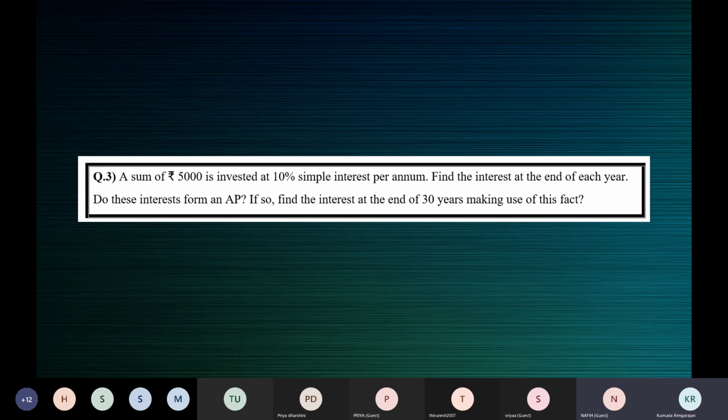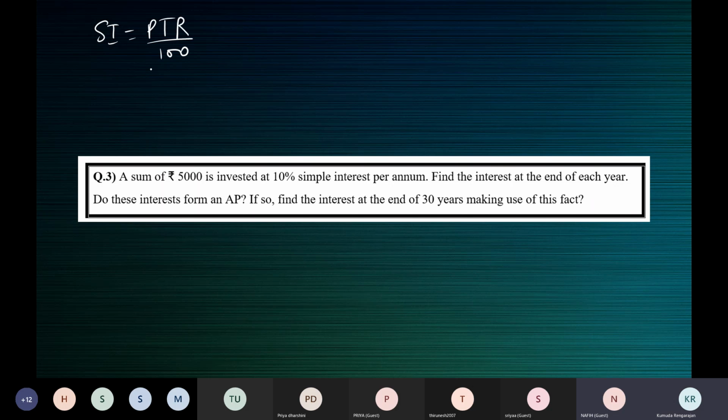Okay, so let's find the simple interest at the end of the first year. Simple interest, we know the formula PTR by 100, or PNR by 100 as you call it.